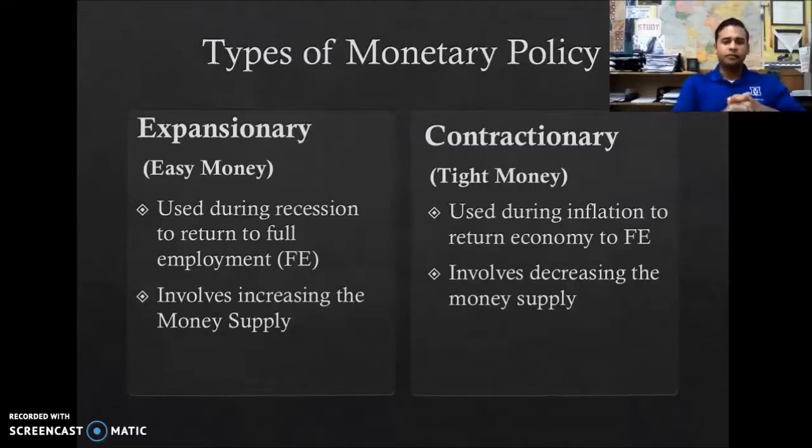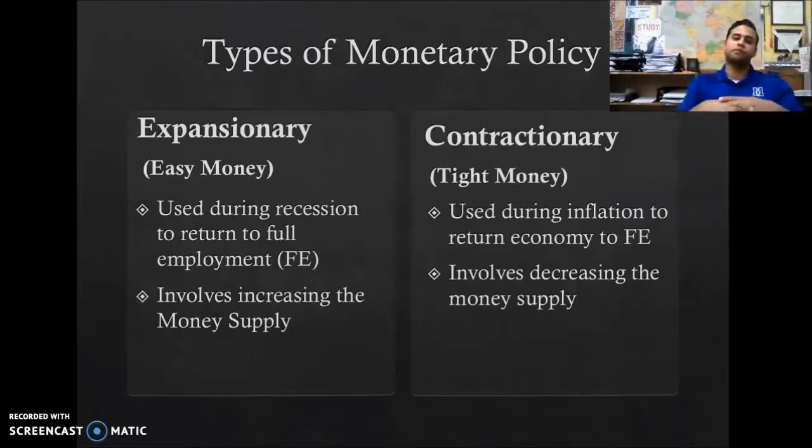You want to bring the economy back to full employment, right? You want to reach that long-run macroeconomic equilibrium. You want aggregate demand to shift right, closing a recessionary gap. You're going to do expansionary monetary policy, and it involves increasing the money supply. So this is all pretty intuitive, right? You're in a recession, put in more money, more aggregate demand.